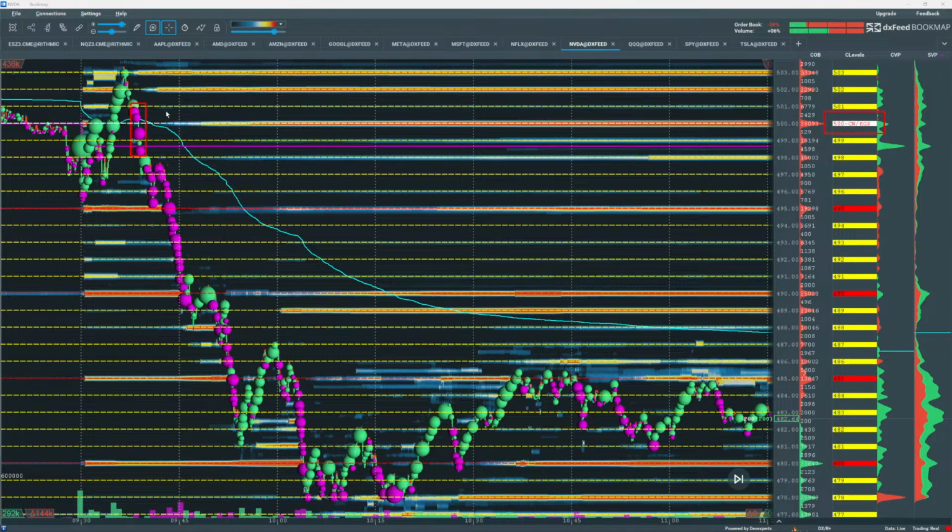And after about 10 minutes, a lot of aggressive sellers came in, shown by the shift from the green volume dots to the magenta volume dots. Price reversed lower at the 500 level, or actually just above, and moved down all the way to 478.